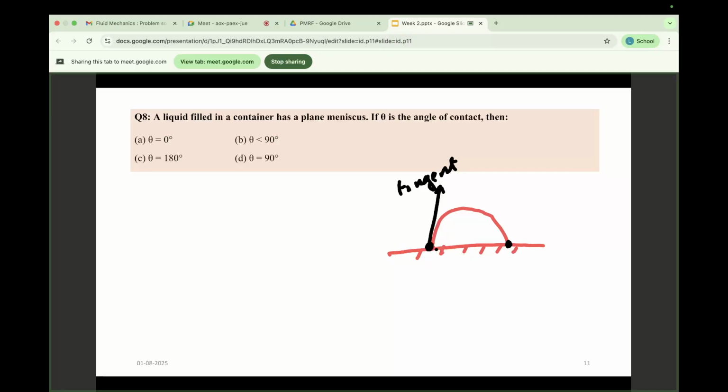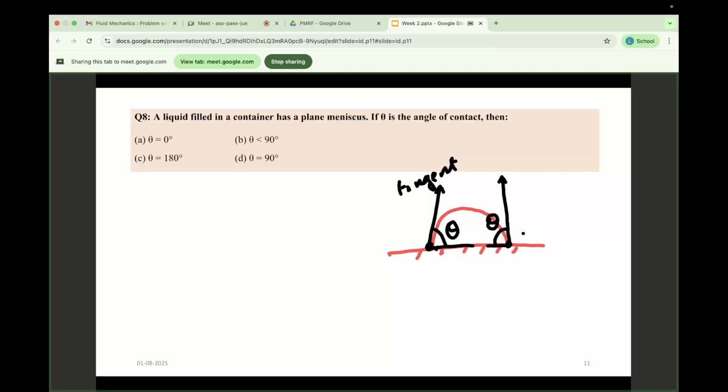Similarly, at this point you can draw a tangent. Whatever angle is made by this surface with this tangent, that angle is known as the contact angle.